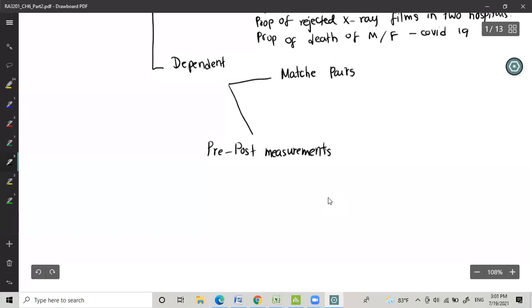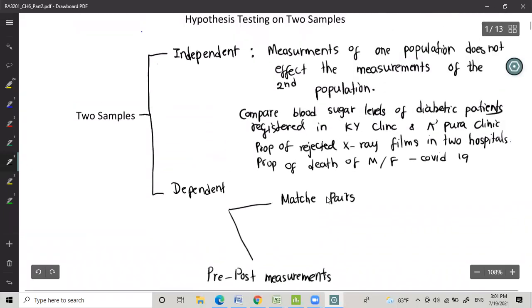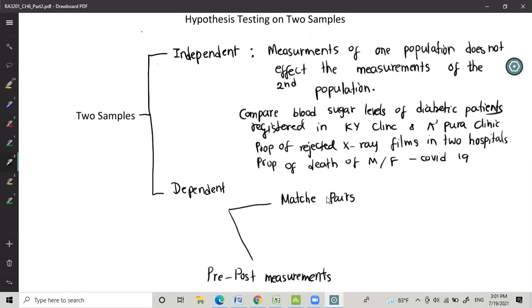You know, there are several studies that you do with people, or let's say human beings, where they are matched, right? One good example is the twin studies. Now, suppose you want to find the survival pattern of twins, the first sibling and the second sibling.